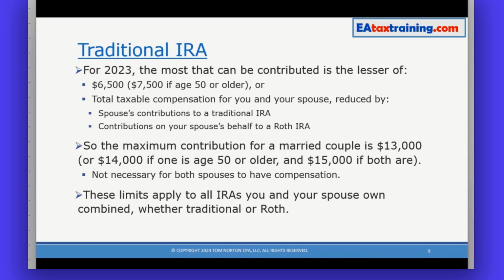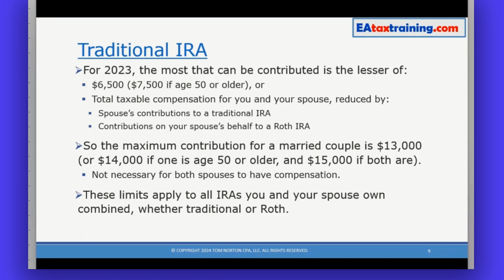It's $14,000 if one spouse is age 50 and the other is not. And it is $15,000 if both are age 50 or older. And it is not necessary for both spouses to have compensation. So as long as one spouse has enough compensation to meet the maximum, then both spouses can contribute, and then they can get to this maximum amount.